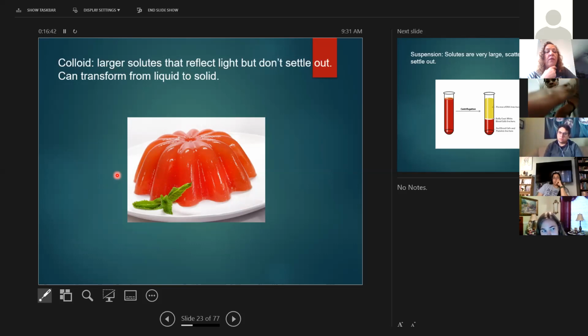So what we need right now is just the definition. Honestly, I have never heard that milk is a colloid. It says that milk is a colloid with tiny globs of butterfat suspended throughout the liquid.